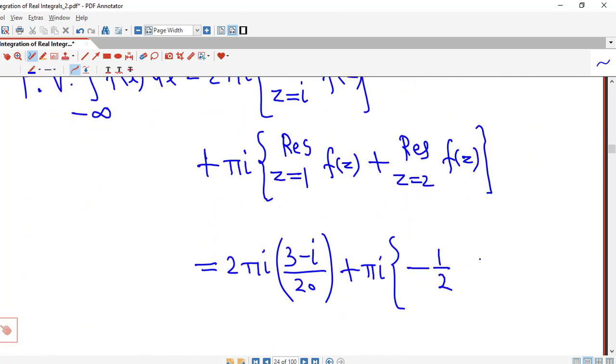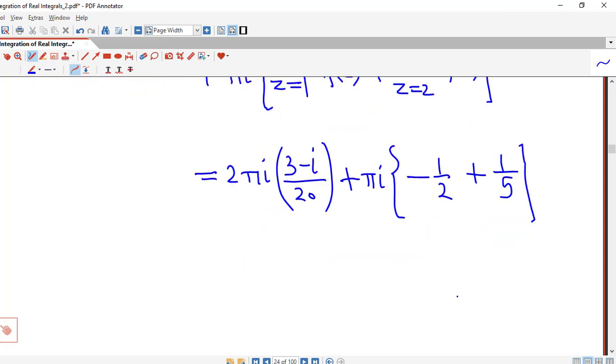The residue at z equal to 1 is minus 1 by 2, and at z equal to 2 it is 1 by 5. Here we can cancel out 2, and here we have 10, and we can take pi I common, which is there in both the terms. So pi I common, and here we have (3 minus I) divided by 10.